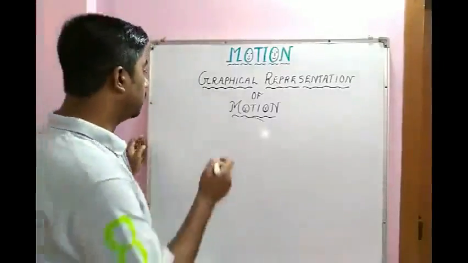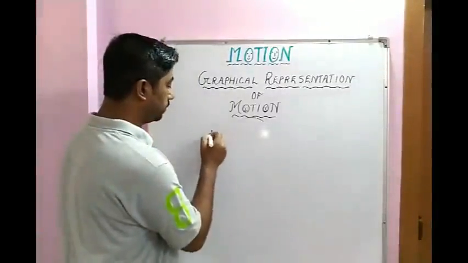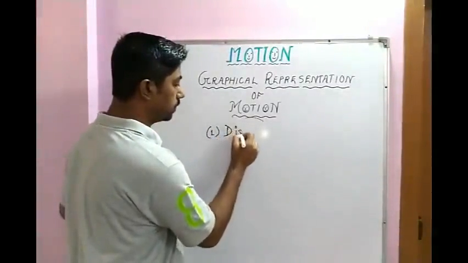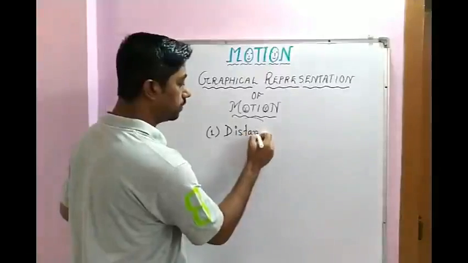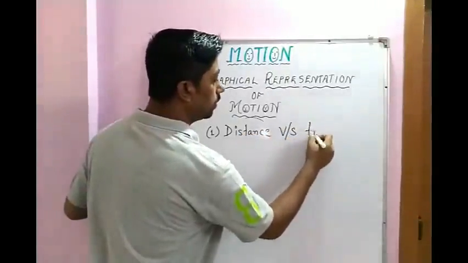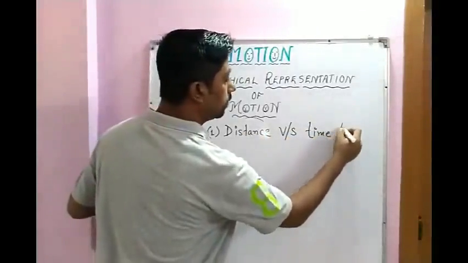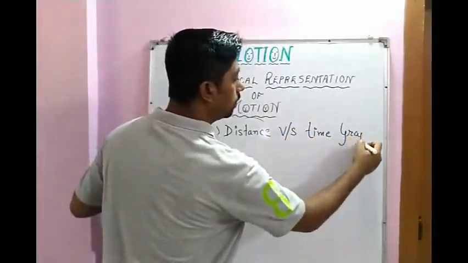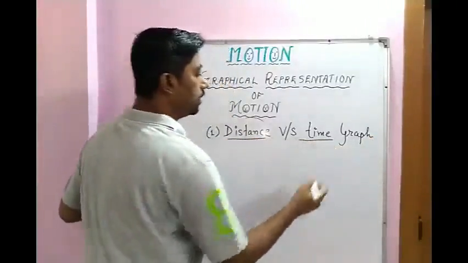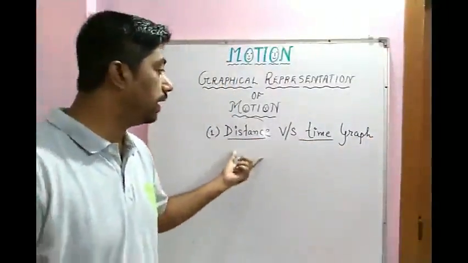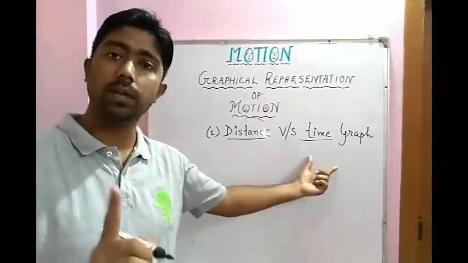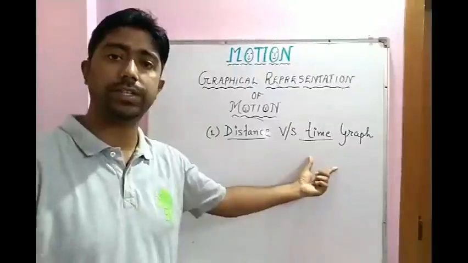The first graph that we need to study is the distance versus time graph. So first you check the label of the graph, distance versus time. That is the name of the graph, distance versus time.